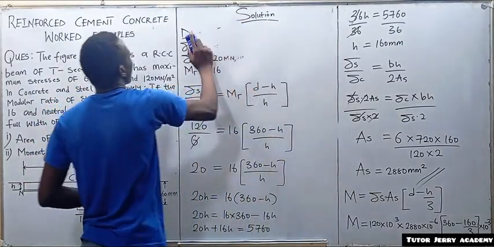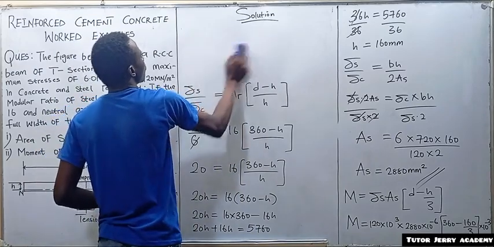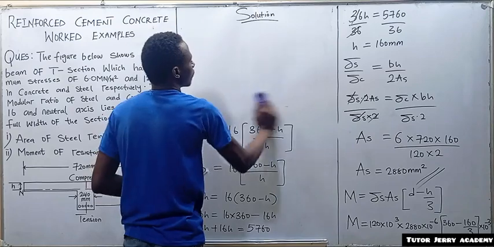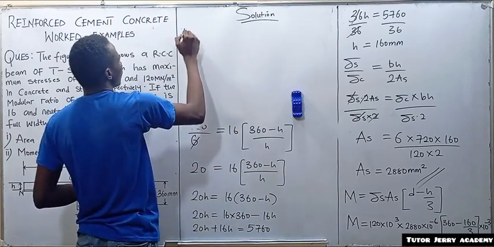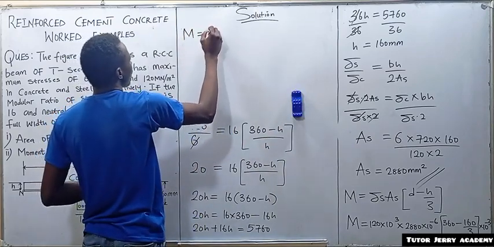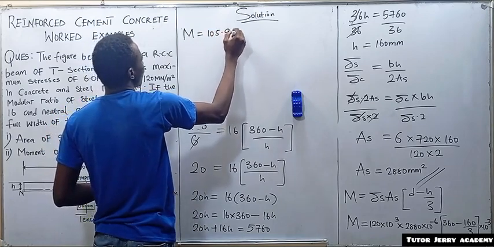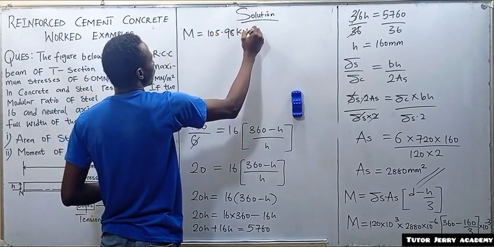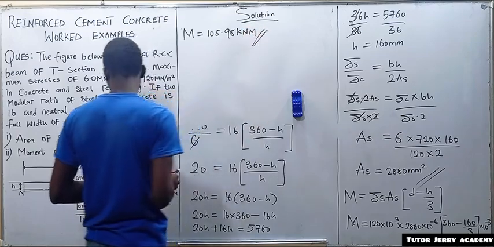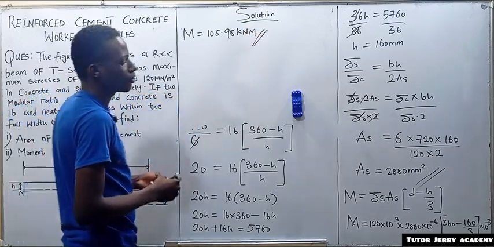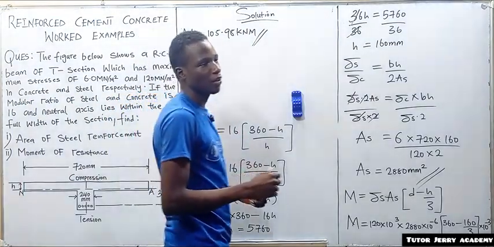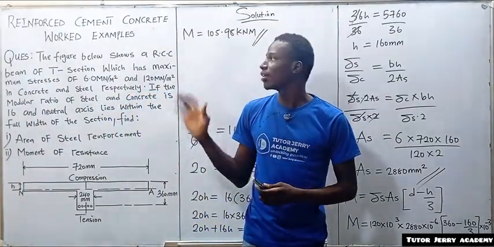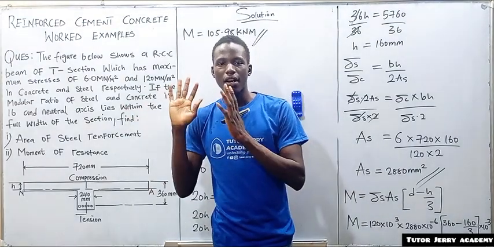M is equal to 105.98 kilonewton meter. So this is the value for our moment of resistance, and this is the solution to this question.